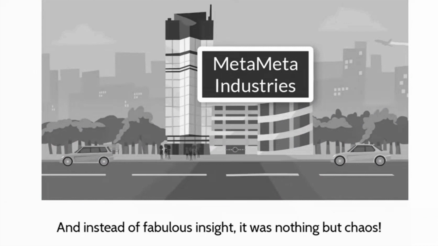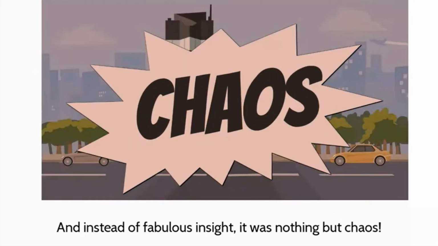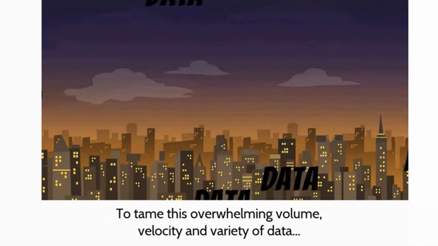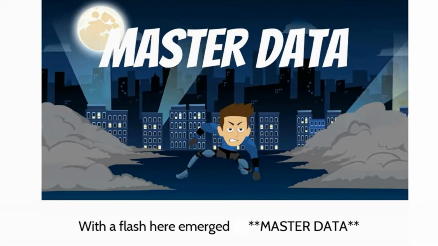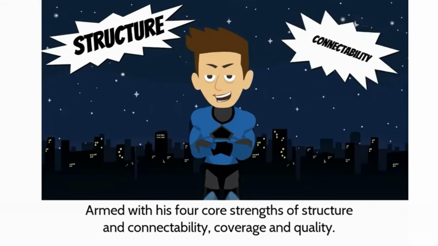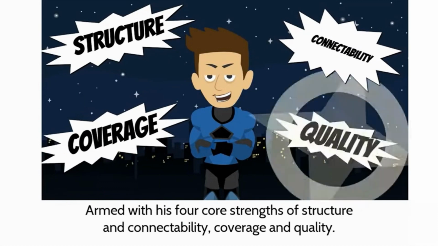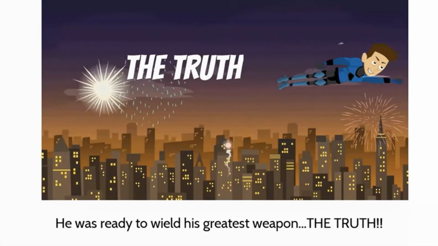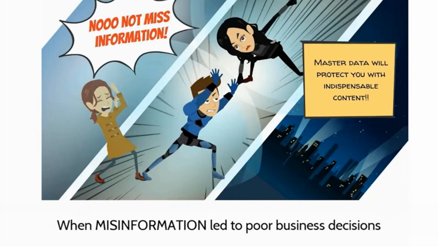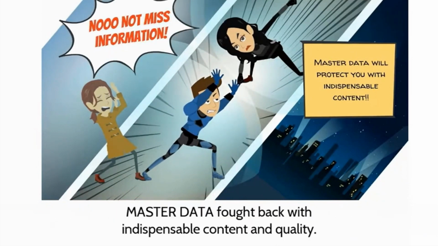And instead of fabulous insight, it was nothing but chaos. To tame this overwhelming volume, velocity, and variety of data, with a flash, he emerged: Master Data. Armed with his four core strengths of structure and connectability, coverage and quality, he was ready to wield his greatest weapon, the truth. When misinformation led to poor business decisions, Master Data fought back with indispensable content and quality.